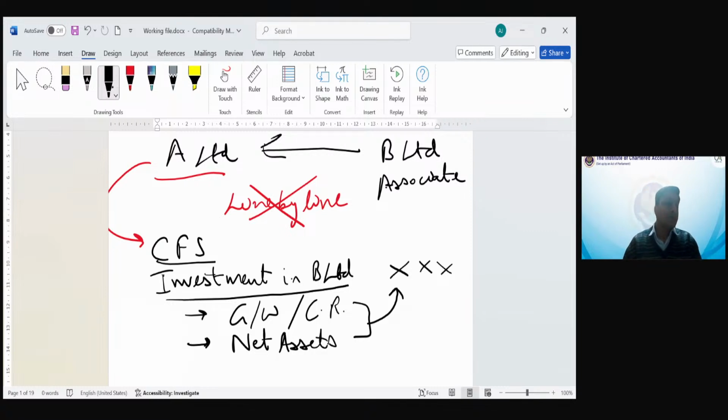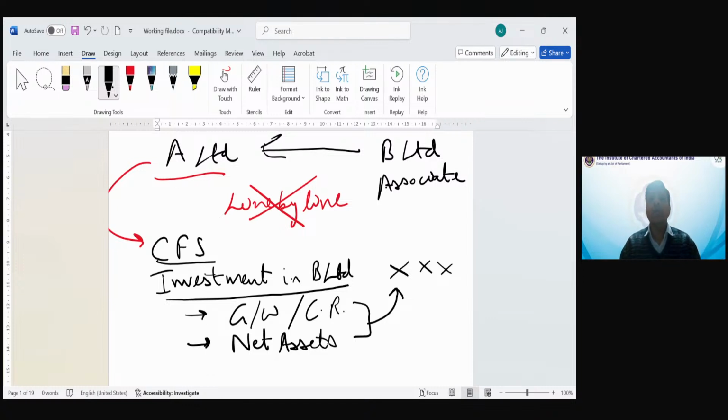Now, if let's suppose a dividend is getting distributed, that is reducing the net assets. All of those things we have looked at. Further, another point of confusion has been around the distribution of dividend.